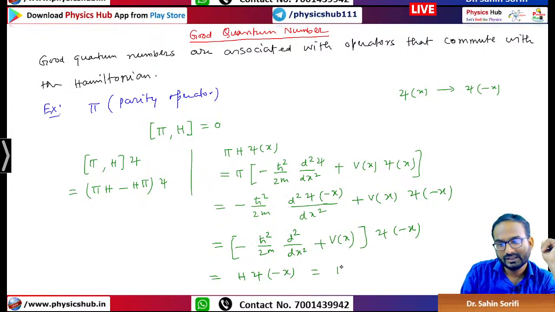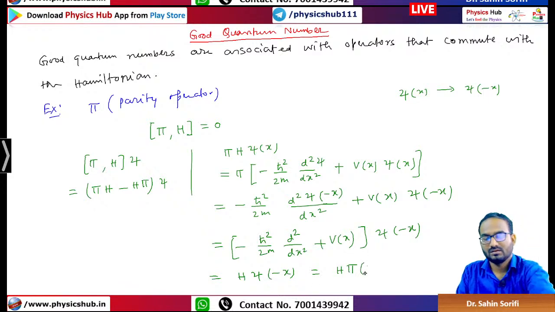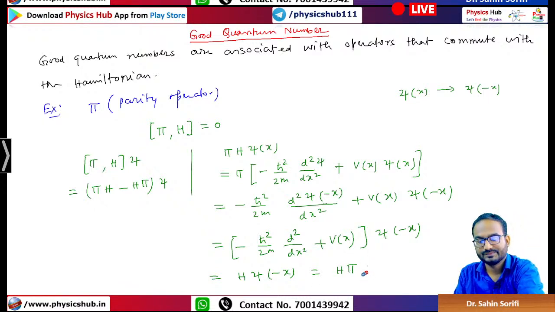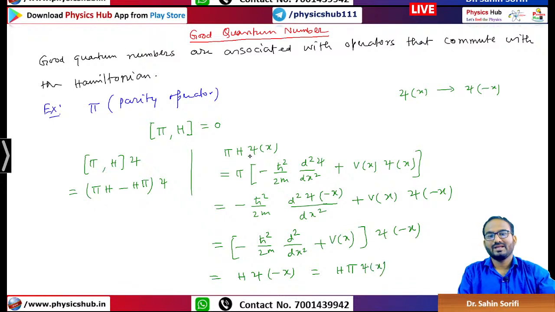So we can write Hψ(−x) as Π applied on Hψ(x). So you see ΠHψ(x) equals HΠψ(x). So that is why this is 0. Therefore we can say parity is a good quantum number.